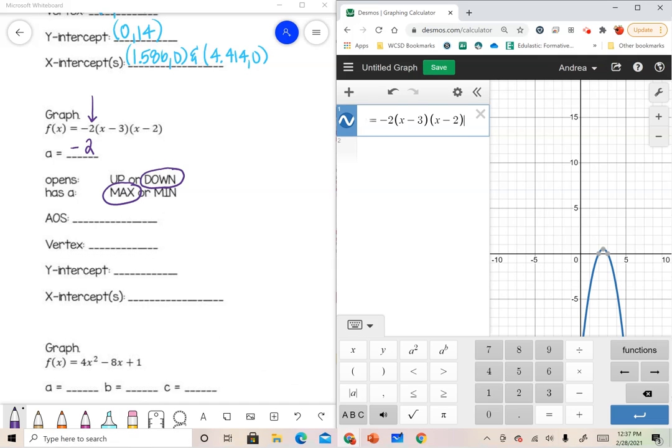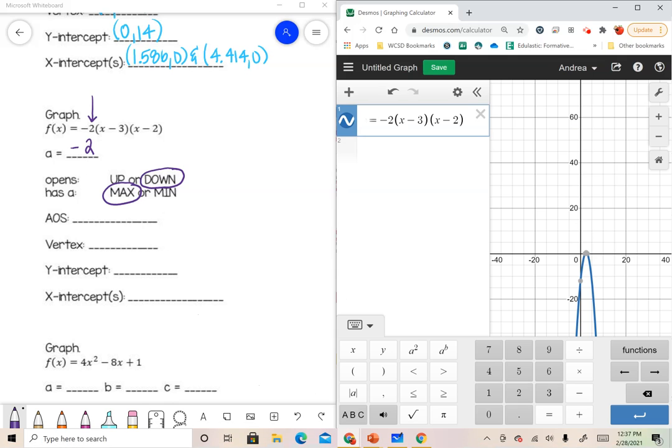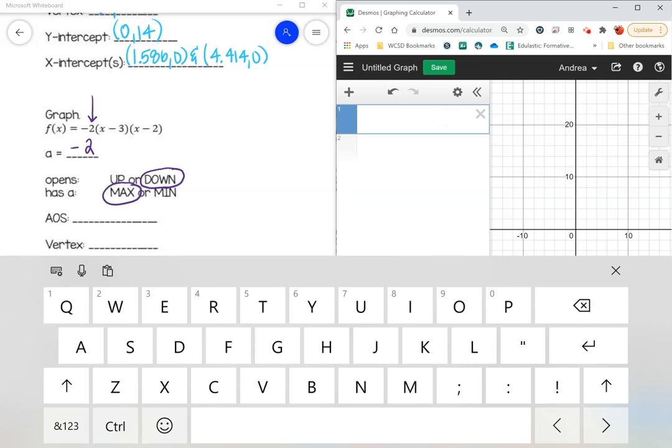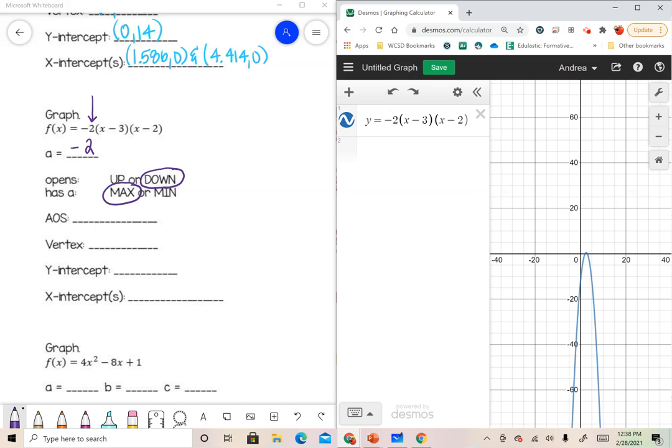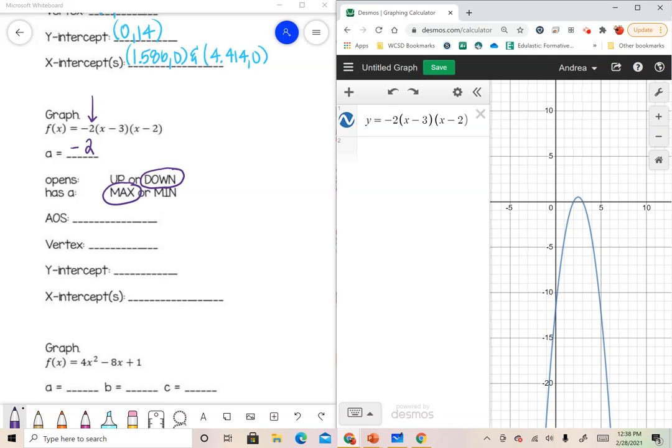Okay, so it definitely opens down, which means I have a maximum. I'm going to have to zoom out sometimes to be able to find everything that we need. And it's hard to see a little bit, so I'm going to zoom in a little bit and move my graph up.